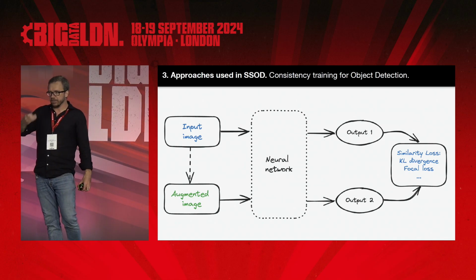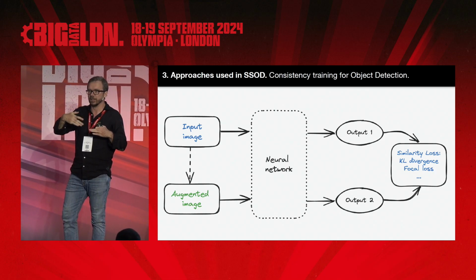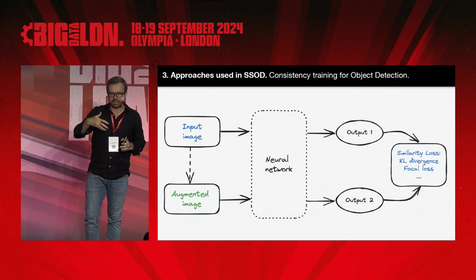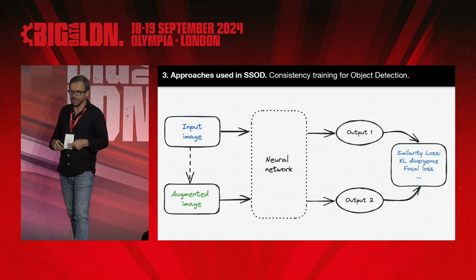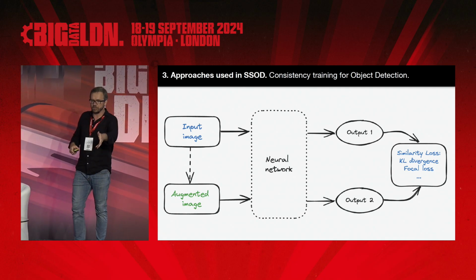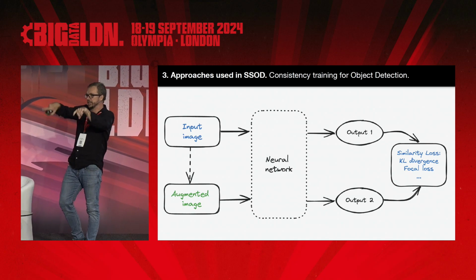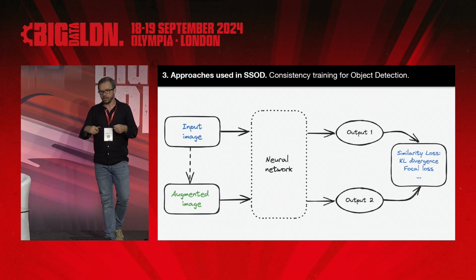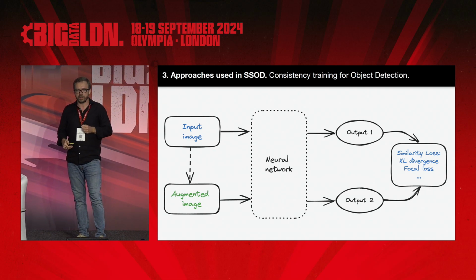I already gave examples about augmentations. I explained how we can apply them, through comparison in the end, so results should be consistent. And that's what I am trying to show you. We have an input image, augmented somehow, applied either through one neural network, or through two different networks, or through a student-teacher architecture, get output, and after that, apply some loss function.